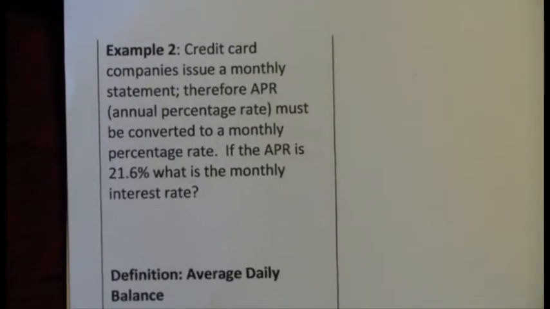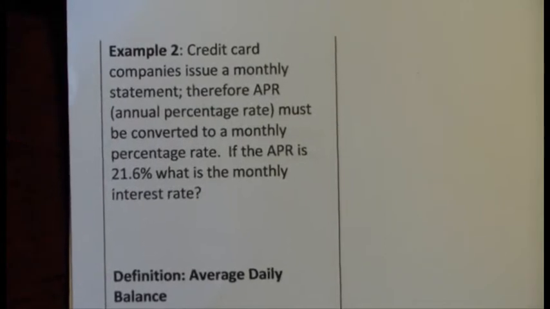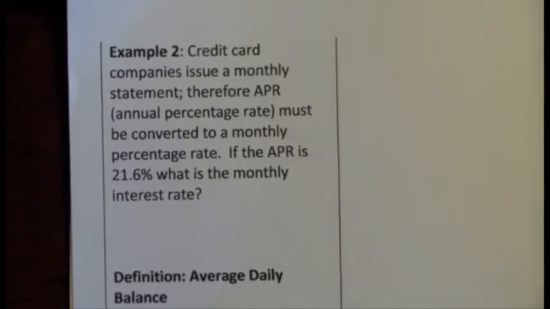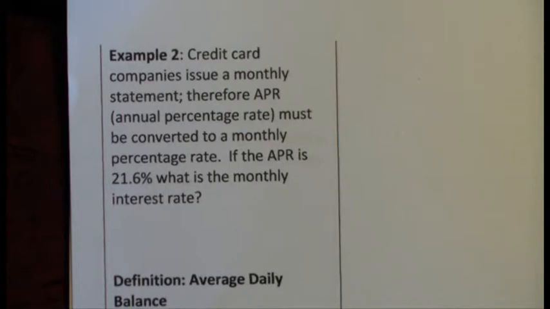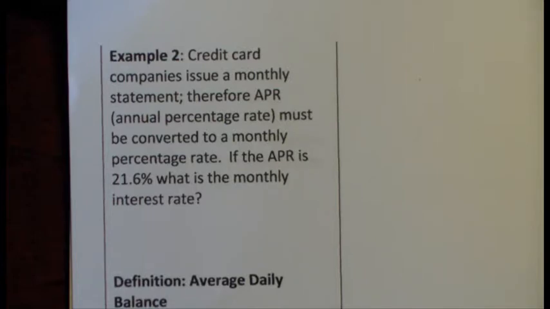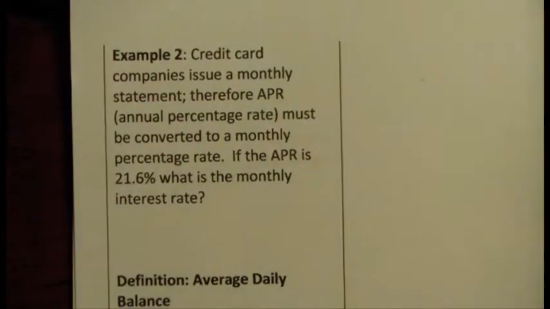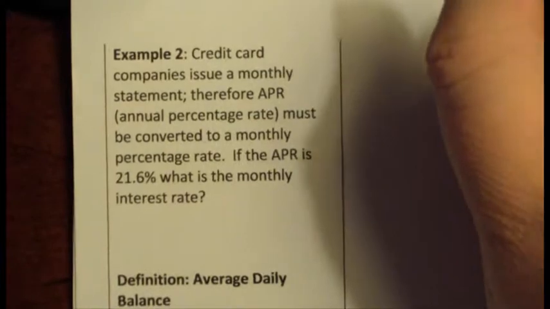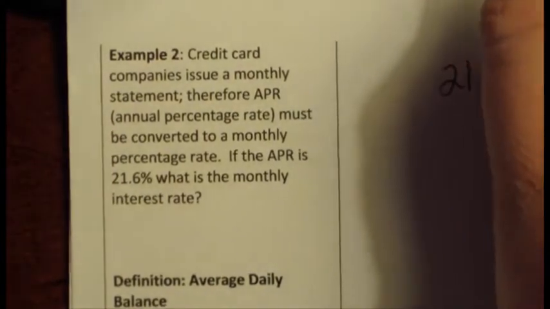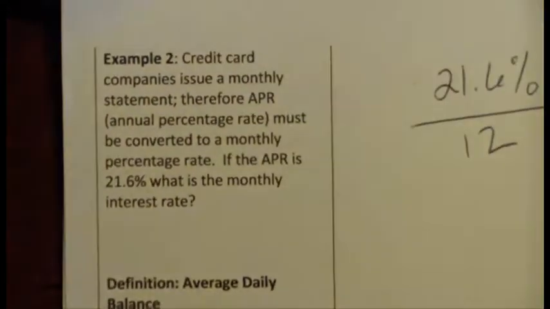Example 2. Credit card companies issue a monthly statement. Therefore, APR, annual percentage rate, must be converted to a monthly percentage rate. If the APR is 21.6%, what is the monthly interest rate? This is really as easy as it sounds. We're just going to take the annual percentage rate and divide by 12 because there are 12 months in a year.